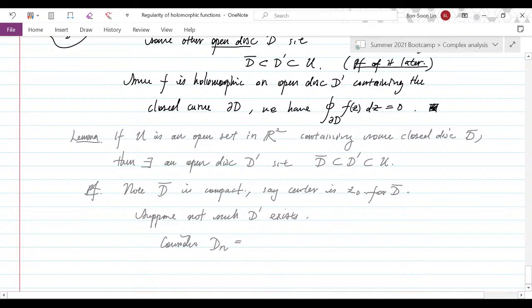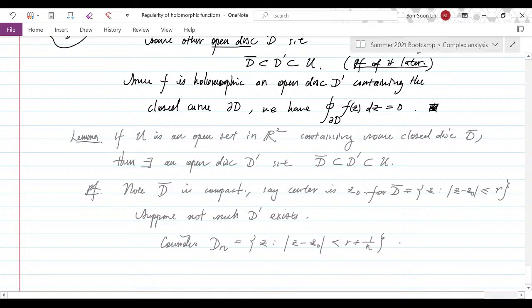Let's say D bar is equal to the set of all complex numbers, well, we're in R2, but you can imagine what I mean, z such that |z minus z naught| is less than or equal to some radius, let's say R. So consider these Dn's, a bunch of open sets such that |z minus z naught| is less than R plus 1 over n. So basically just slightly larger, by 1 over n, in the radius of the original D bar.